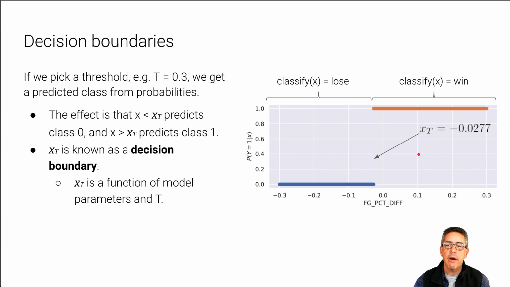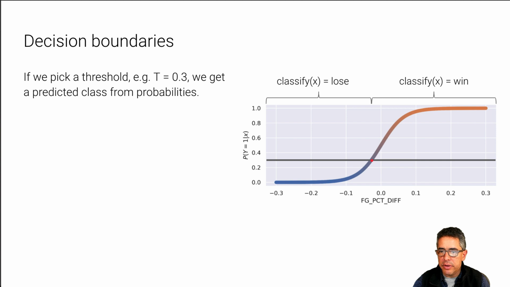Think for a second where that value comes from. Where is that point? Well, it's the inverse value of the logistic function at the point of our threshold, right? It is the inverse value of sigma for our value of the parameters at this point, because once we find this threshold, what we're saying is any value of our feature whose corresponding probability is less than 0.3 is classified as losing.